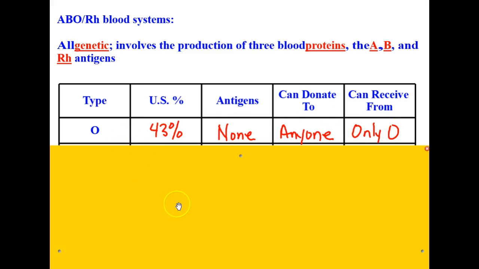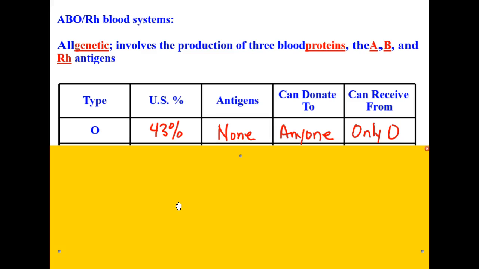We'll start with type O. Type O means that you don't have any A or B blood proteins. And it is the most popular in the United States. 43% of the U.S. population has type O. Since it doesn't have any of the blood proteins, it can't fight against any of those proteins.